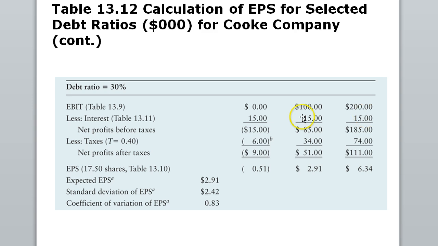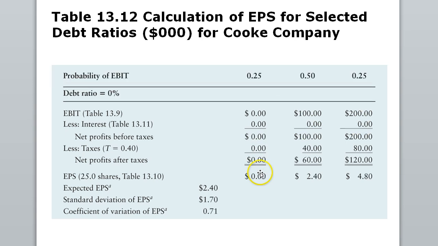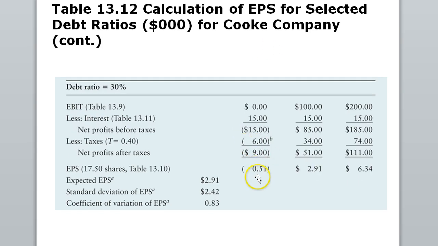So that means that instead of having a zero break even at 25% probability, those sales we mentioned earlier, now we have earnings per share of 51 cents, negative 290, and 634. And that changes things: the expected EPS goes up, the standard deviation goes up, and so does the coefficient of variation.